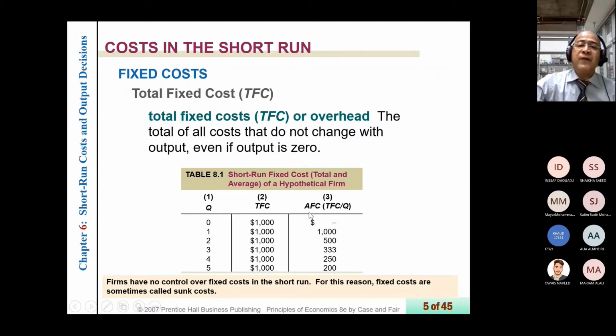What will be the average fixed cost if he produces 1,000 kilos of tomatoes? Could you calculate it for me?